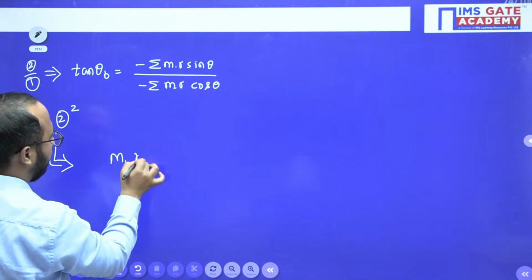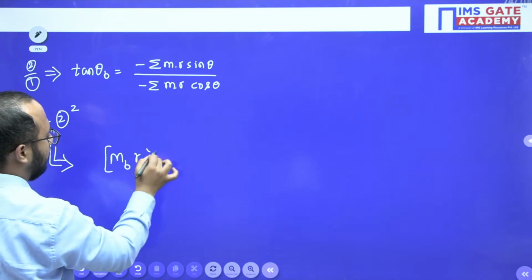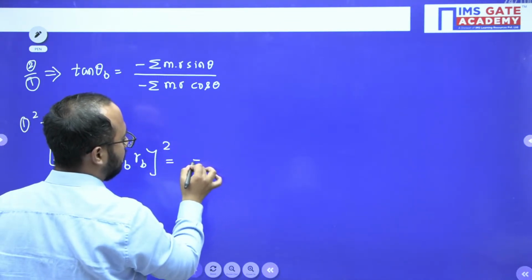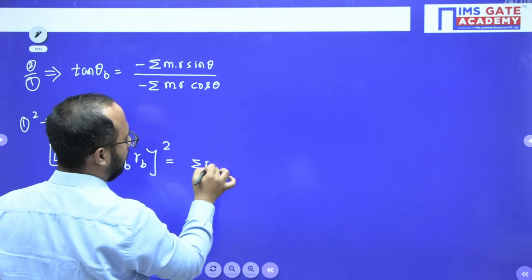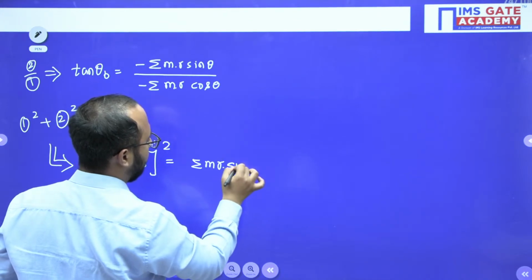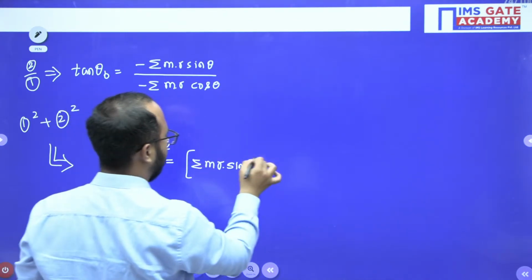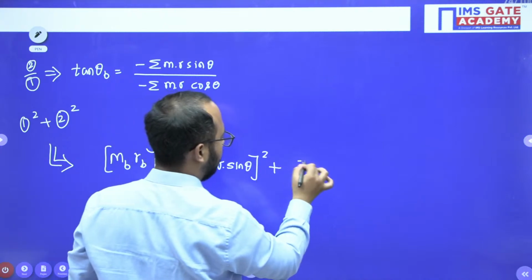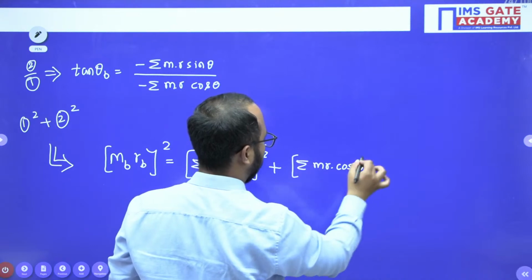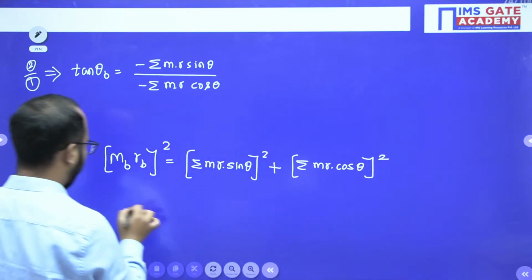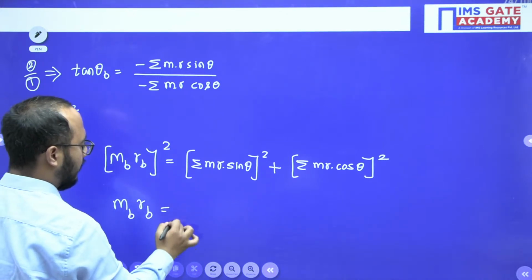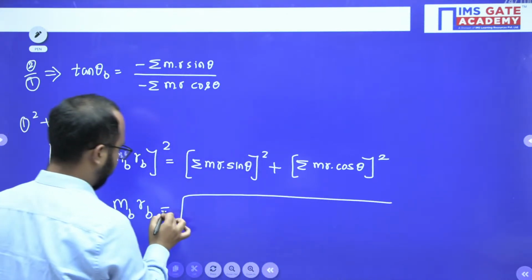(MB RB) whole square equals summation M R sin theta whole square plus summation M R cos theta whole square. So MB RB, if you want to calculate, take the under root of this one.